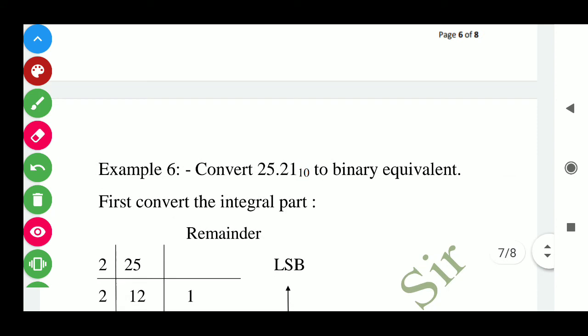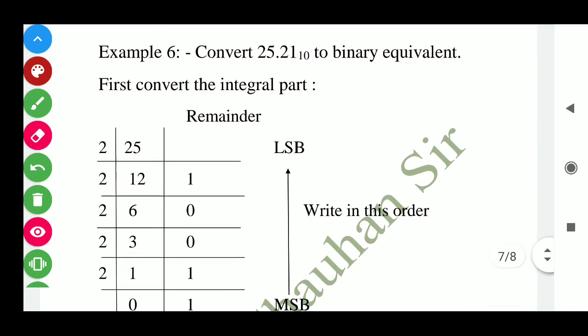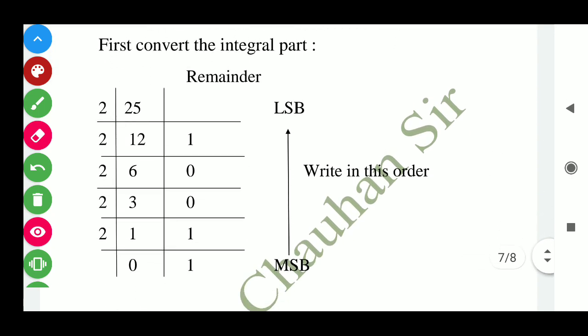Now example, convert 25.21 base 10 to its binary equivalent. First convert the integer part, same as before. 25: 2 ones are 2, 2 twos are 4, remainder is 1, and write the quotient here, 12. Then 12 divided by 2 is 6, remainder is 0.